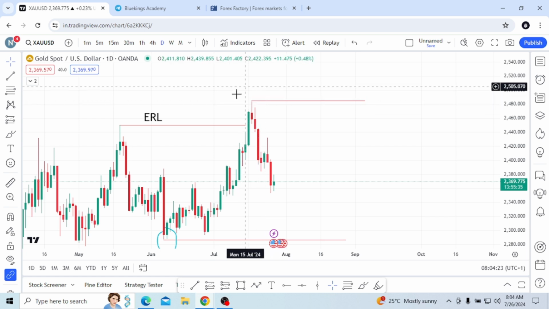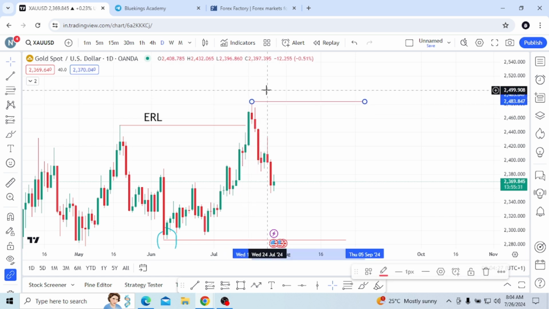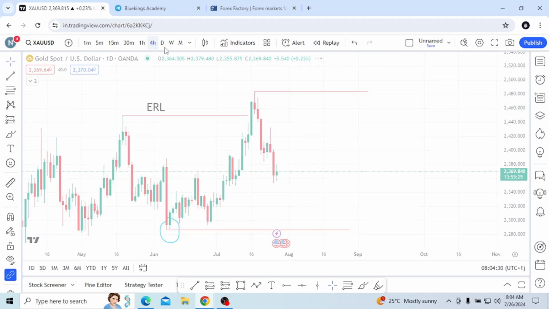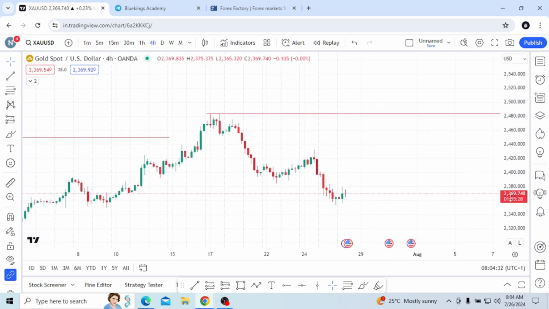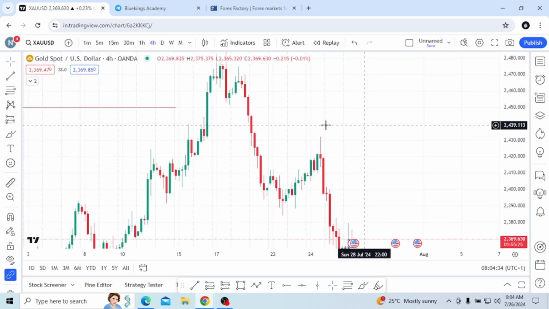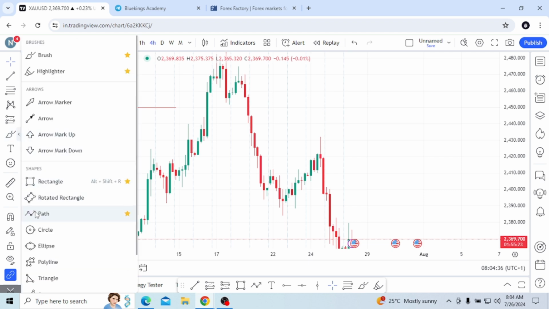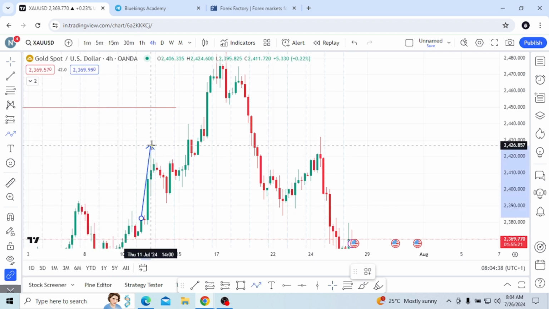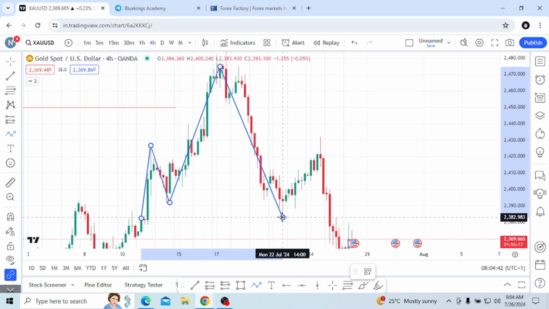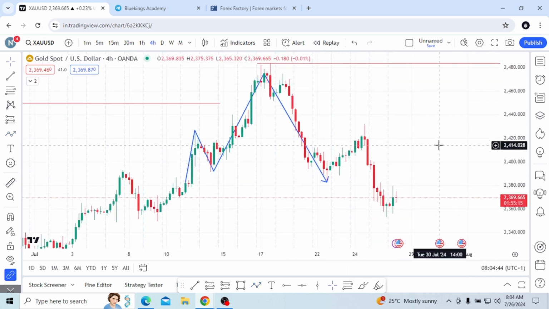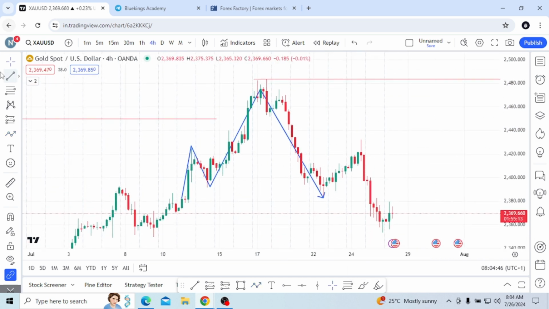What qualifies this high to become a dealing range high is that on the 4 hours it led to a choch. So now let's look at the 4-hour time frame. This is the choch going on right here. So we had this, we had this, and we had this. Do you see a big choch? So look at it.